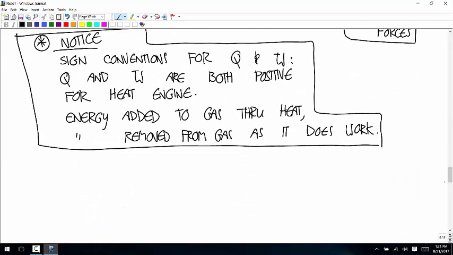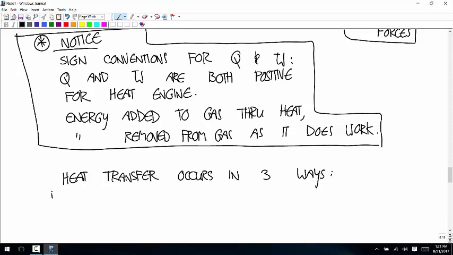Okay, so heat transfer occurs in three ways. Conduction. Anybody know the other two? Convection. Yep.